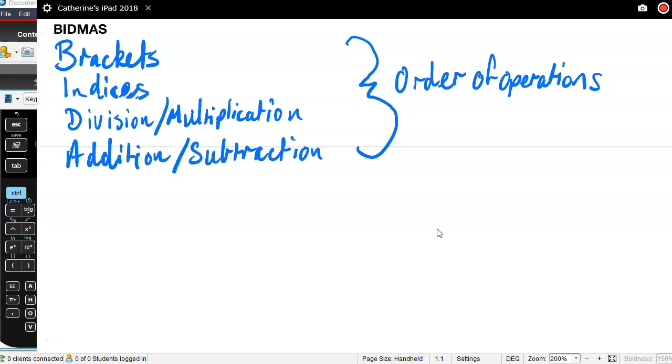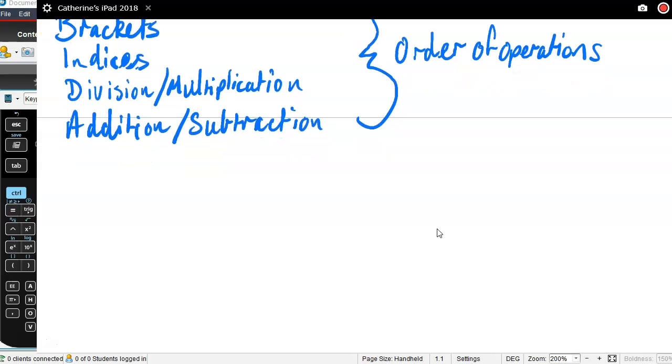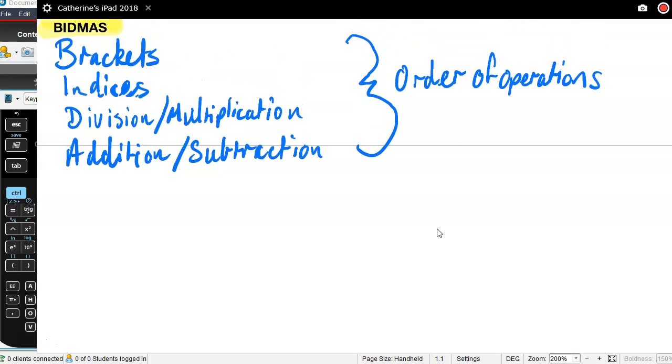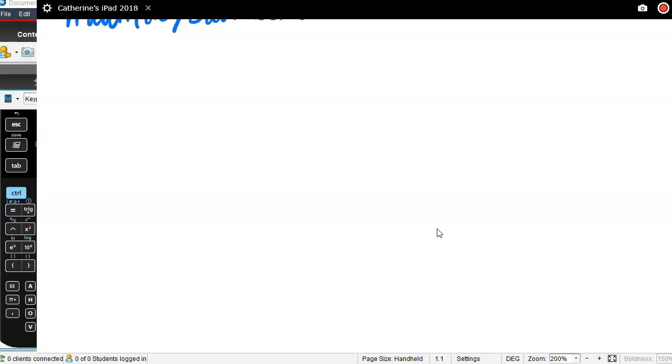Remember that BIDMAS always applies. I've been asked that question before. Miss, do we have to do BIDMAS? Yes, you always have to do BIDMAS. Okay, so we've done some addition and subtraction of like terms. Let's do some division and multiplication.